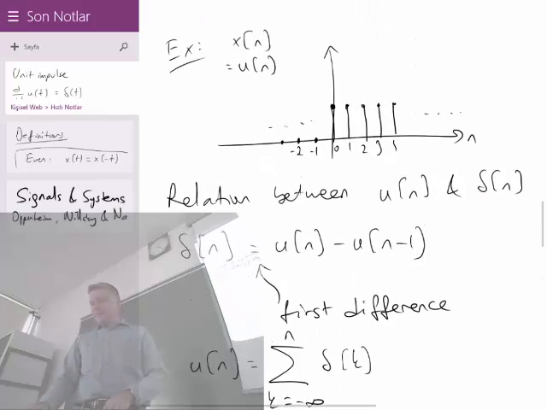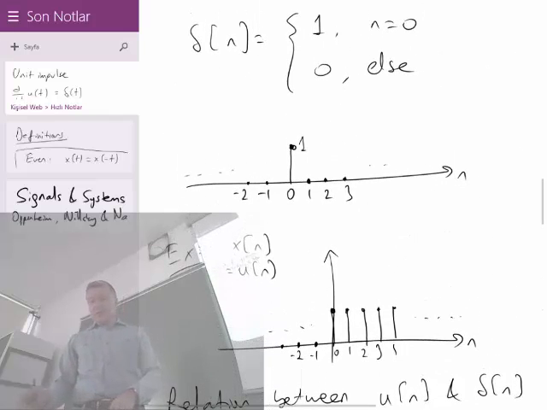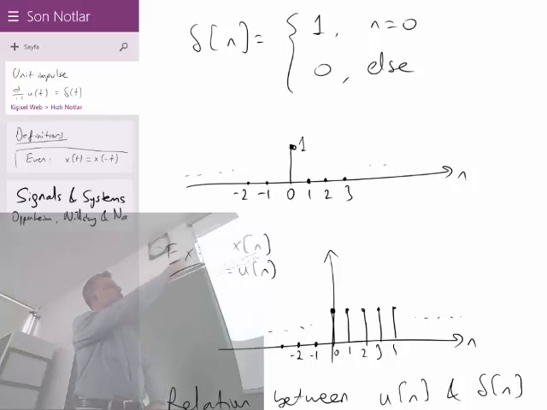Let's look at this top figure here. If you sum from minus infinity to minus 2, what's that summation? 0. From minus infinity to minus 1, 0. From minus infinity to 0, the summation immediately becomes 1. And from minus infinity to 3, the summation will be 1. From minus infinity to 10, it will be 1.